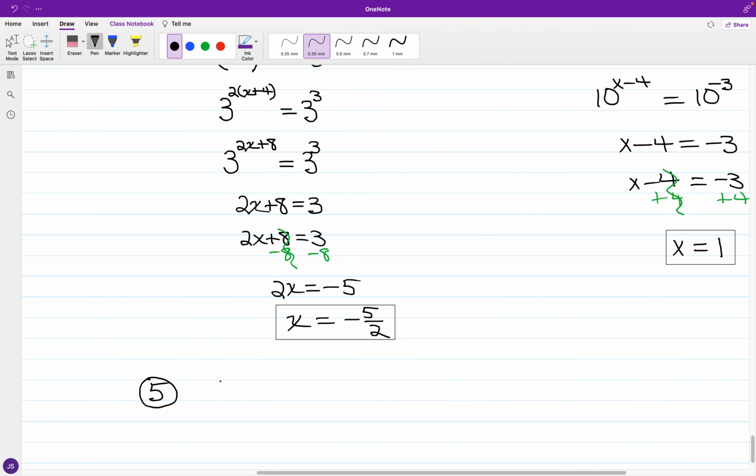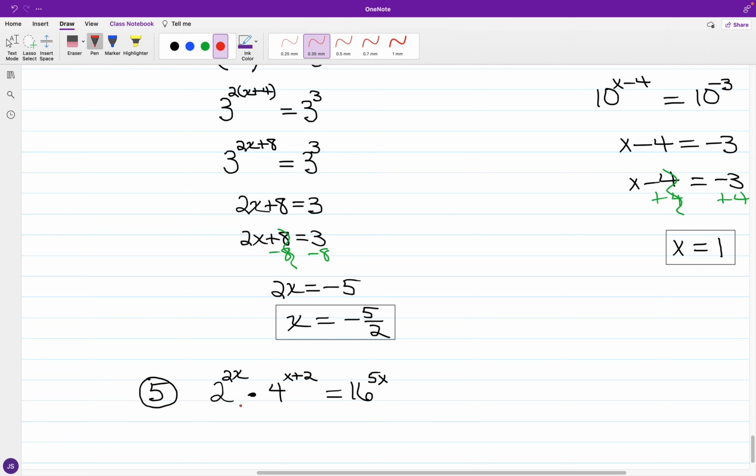Say you're looking at solving for x, and say we have 2 raised to the 2x times 4 raised to the x plus 2 is equal to 16 raised to the 5x.